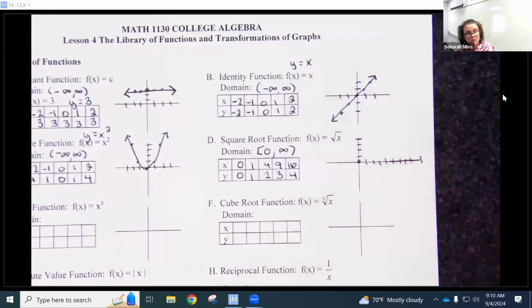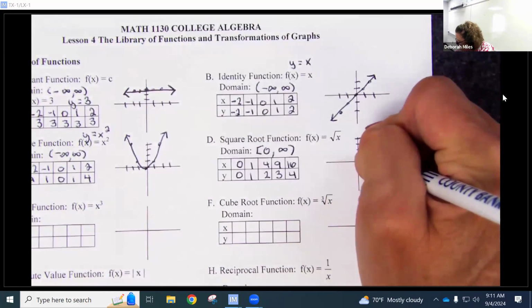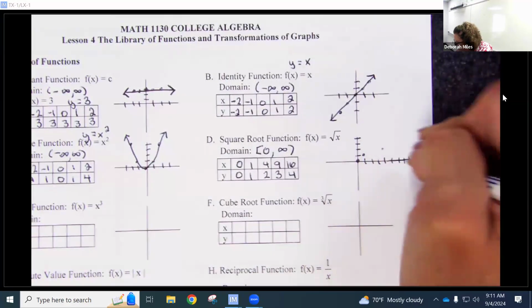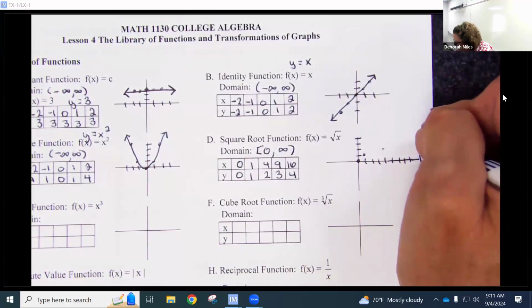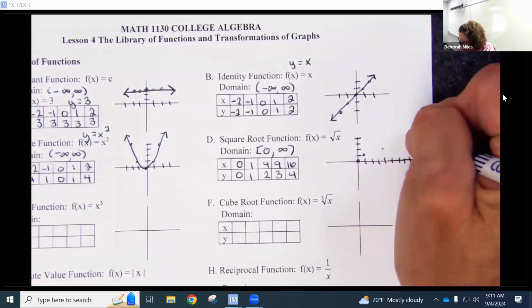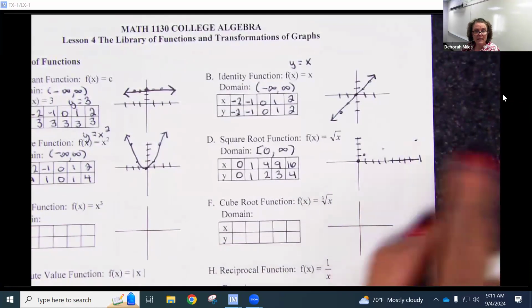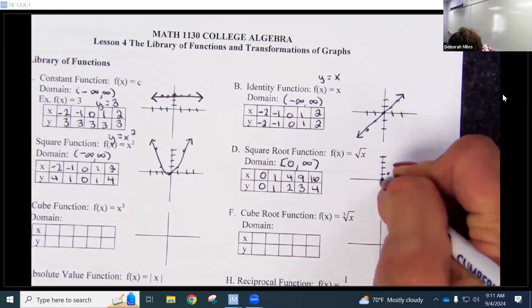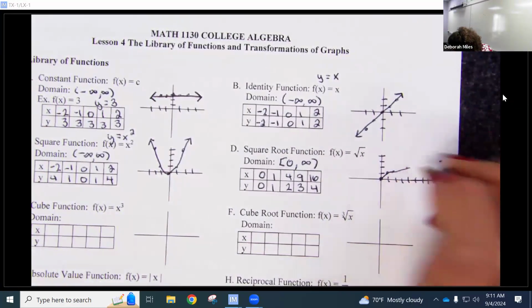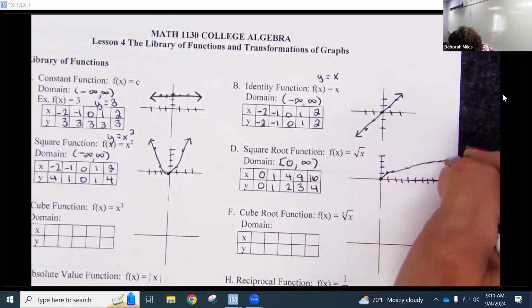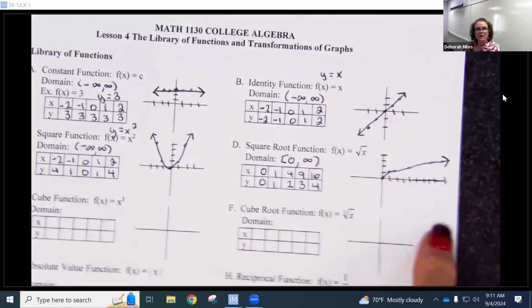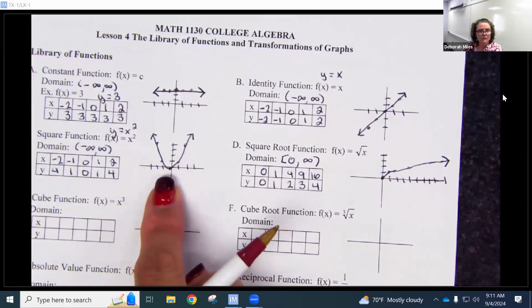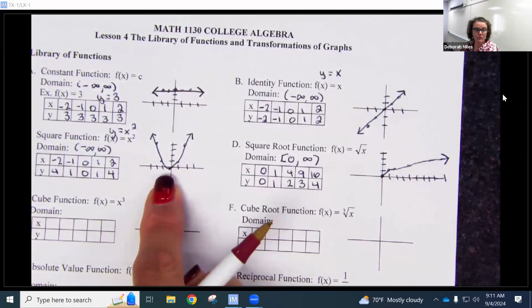0, 0; 1, 1; 4, 2; 9, 3; 16, 4 would be off my page. But I can tell that the graph looks like half of a parabola turned sideways.